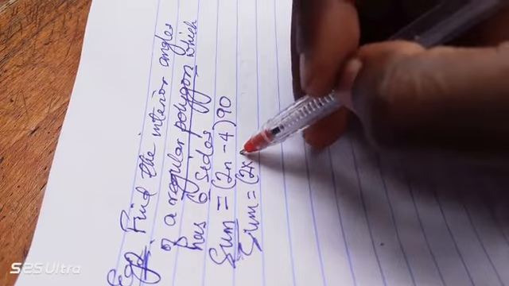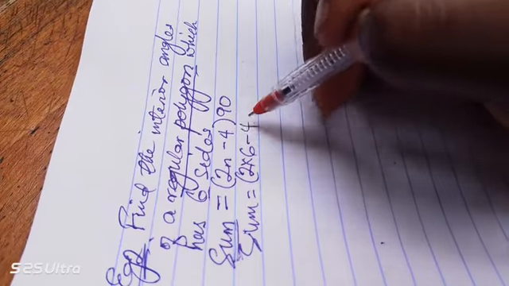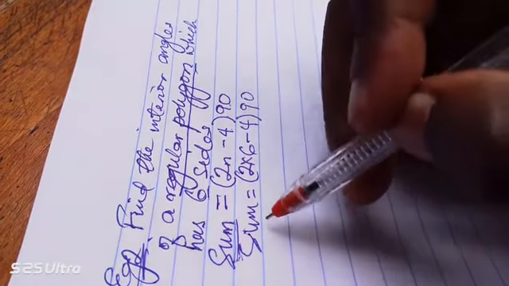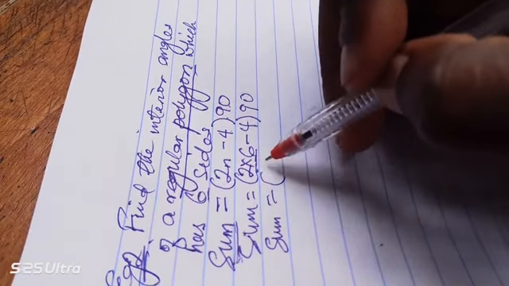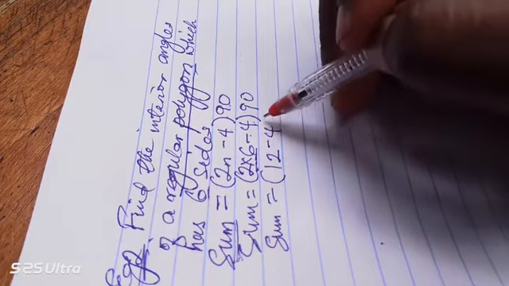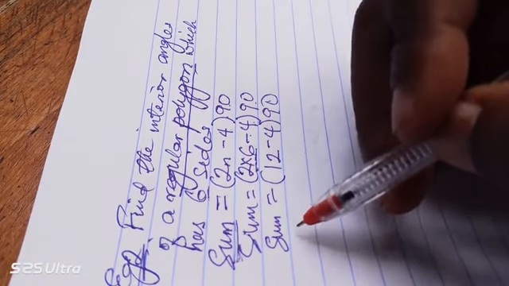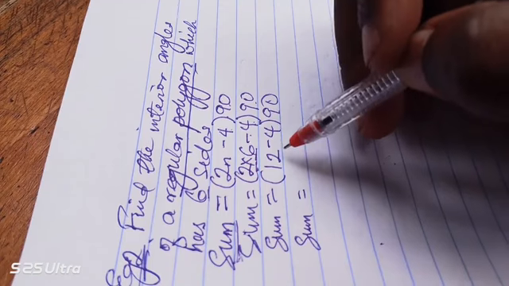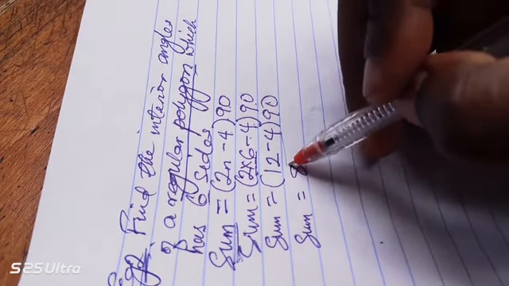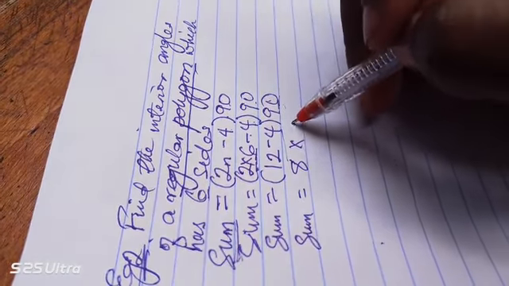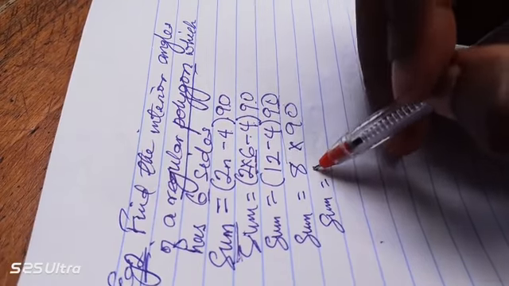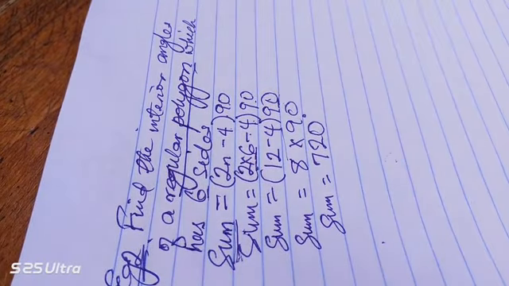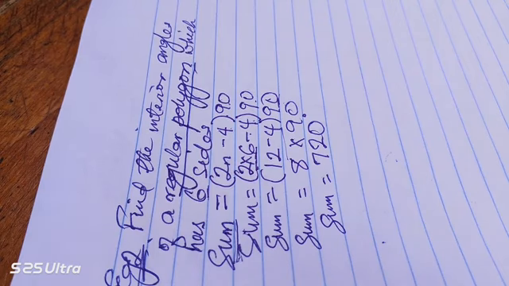We have 6 sides. Sum equals (2 times 6 minus 4) times 90. 2 times 6 is 12, 12 minus 4 is 8, 8 times 90 is 720. 720 degrees is the sum of all the 6 angles.